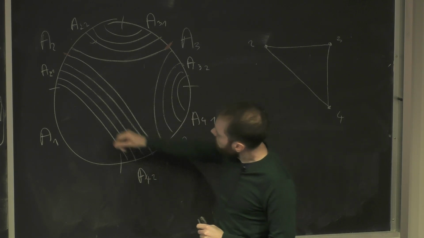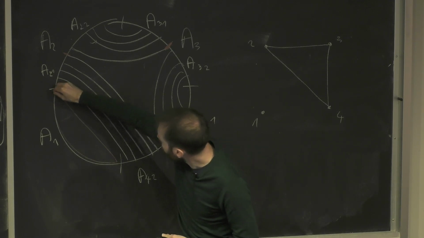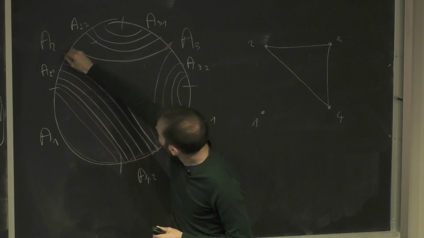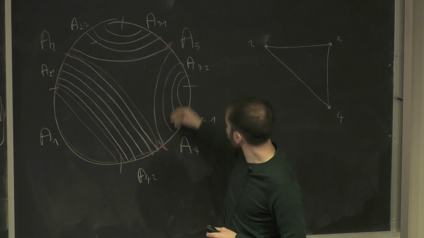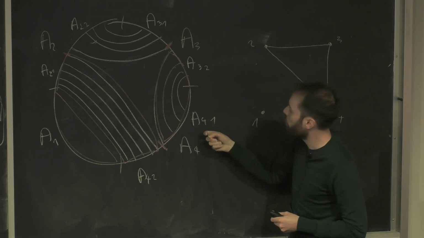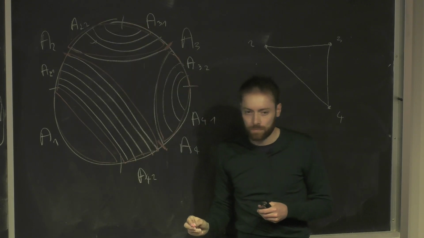You will have the set of non-crossing partitions on A1, the set of non-crossing partitions on A21 times A42, the set of non-crossing partitions on A32 times A41, and then this set of non-crossing partitions.